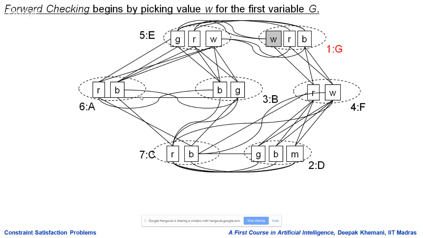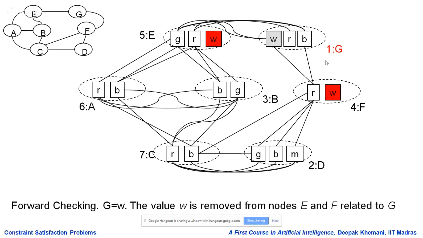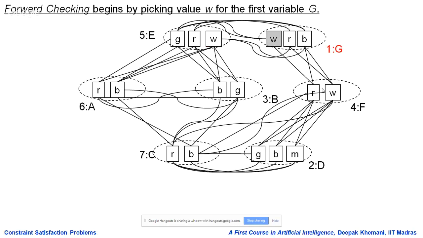So we will look at forward checking, the same algorithm we saw with the chessboard, and see what happens. Initially, because we are going to look at variable G, we try the first value which is available to us, which is W, and as a consequence of it, we see that from W you could not have gone to W in F or W in E, because they are touching countries.